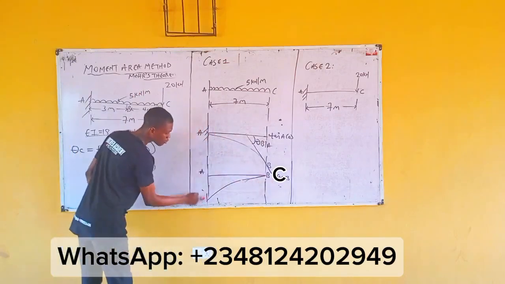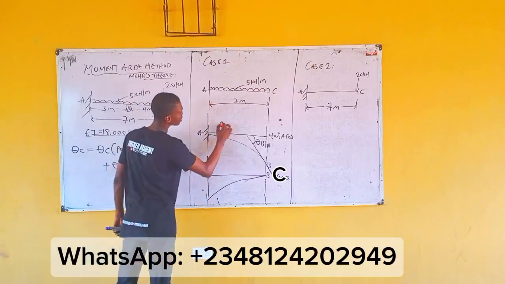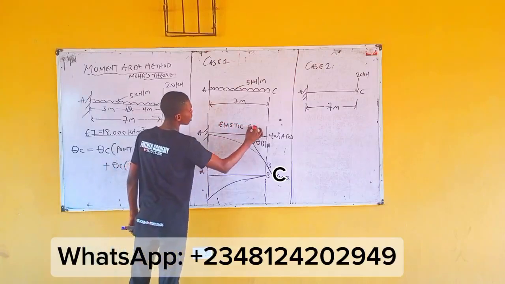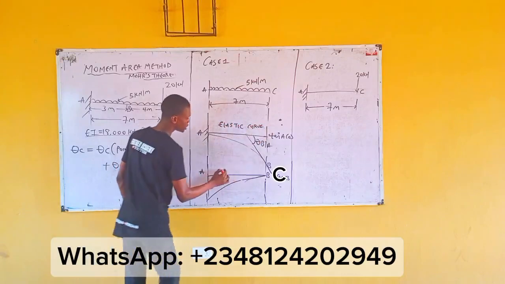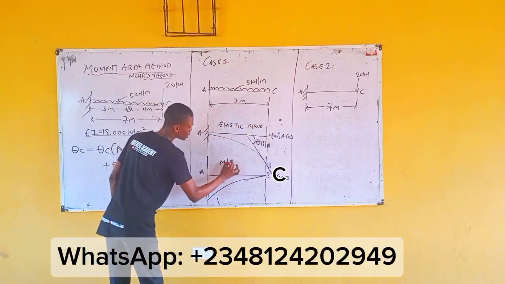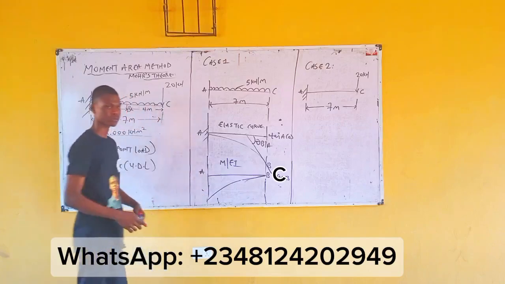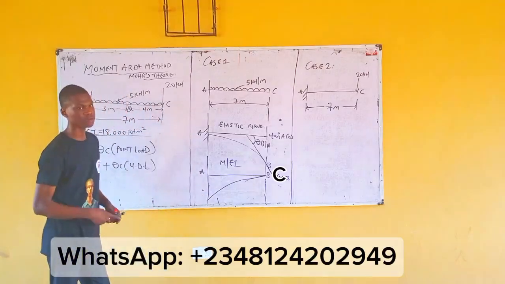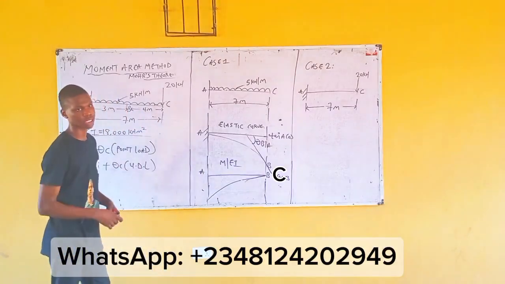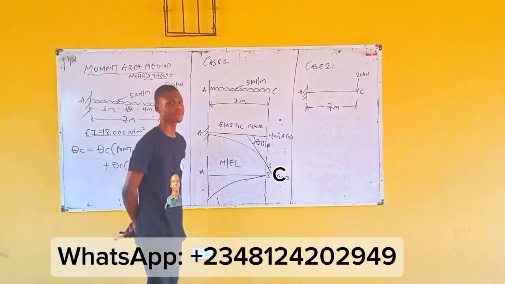Now from here, this is A, this is B. What will be the value of moment at this point? This is my elastic curve, and this is the M by EI diagram. How do I get the value of moment here? Force times distance. The force of this UDL is 5 times 7.